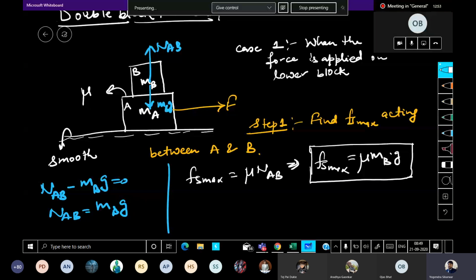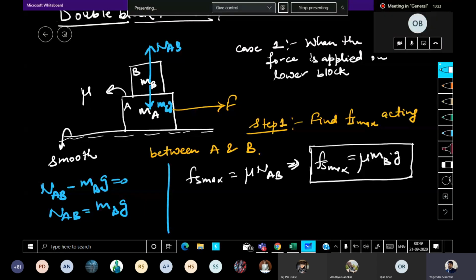There is no such limit on the acceleration of the lower block in this case. Why? Because it is being pulled by the force. But the upper block is dependent on friction acting between the two blocks. So as it is dependent on friction, its acceleration will be limited.